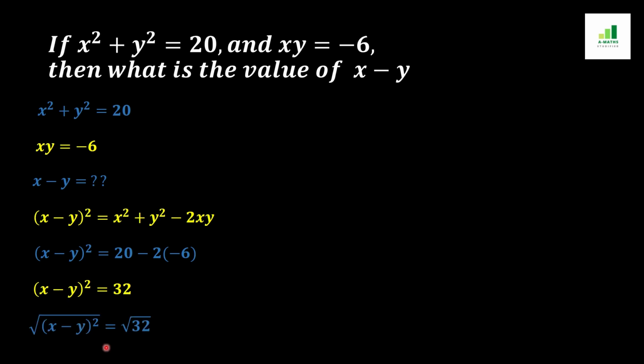Now this root and this square will cancel out and we get x minus y from the root, and this 32 will convert into 4 under root 2, because the value of root 32 is equal to 4 under root 2. This is the value of x minus y, or the value of x minus y is equal to 4 under root 2.